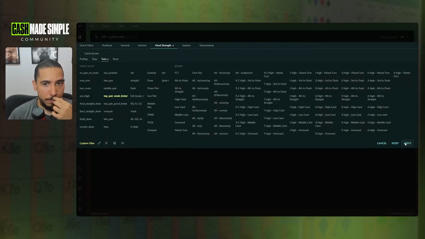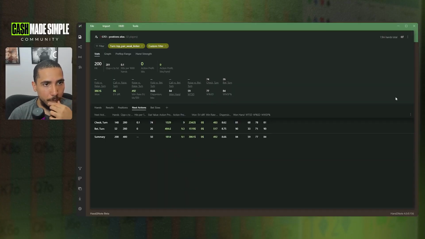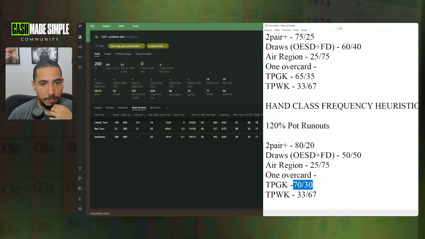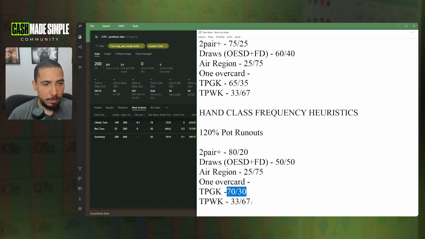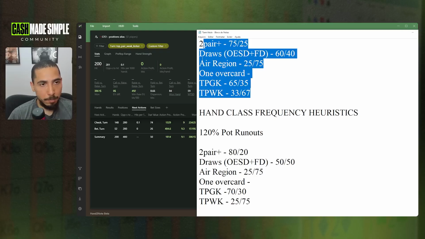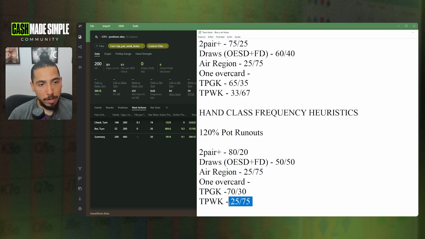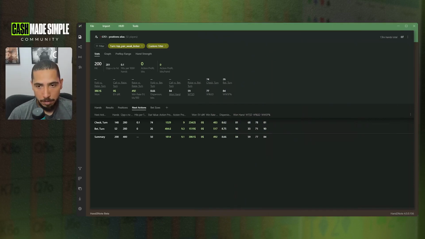If you take a look at top pair weak kicker, we have 25-75. Also similar, a bit less, but also pretty similar. We had 33-67 on the one before. Now we have 25-75. It makes sense here because there we were depolarizing because of the runout, and here we are polarizing more. So we check a bit more with the top pair weak kicker. Makes perfect sense to me.